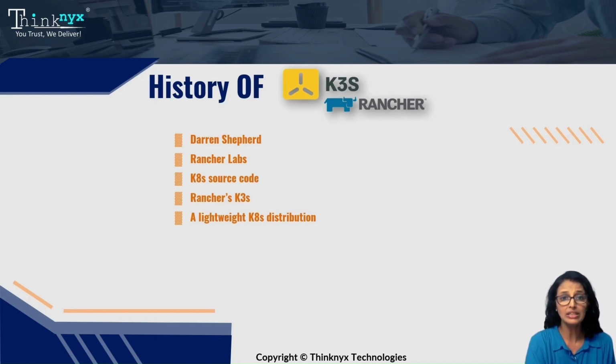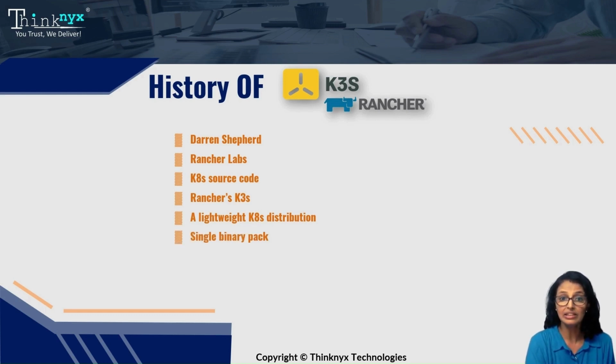Let's understand some more insight into K3s's discovery. Rancher had its own enterprise Kubernetes distribution known as Rancher Kubernetes Engine, so Darren was intimately familiar with the Kubernetes source code. He started picking it apart, removing all the extraneous content that wasn't necessary to run workloads.